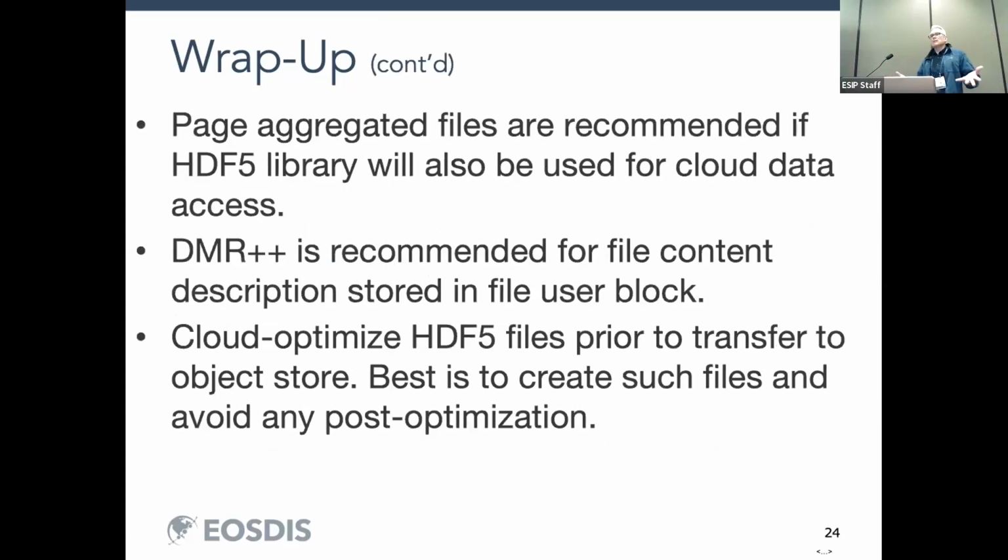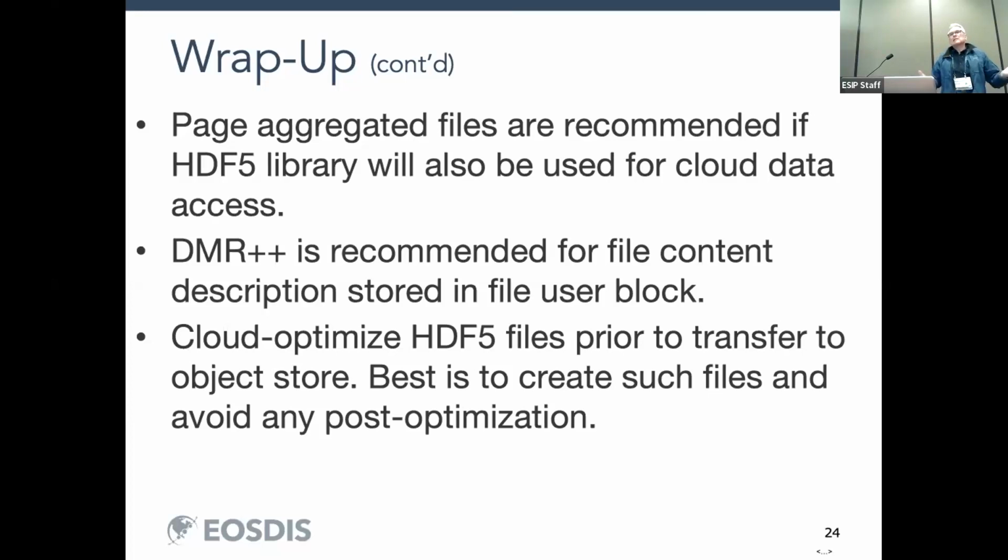Page aggregated files, as I mentioned, are really recommended only if you're going to use the HDF5 library to read the data. From our experience, we recommend DMR++ as a representation of file content to stuff into the user block. I think it's a much more accurate representation of the file than Kerchunk JSON. So I think it's worthwhile keeping with the file.